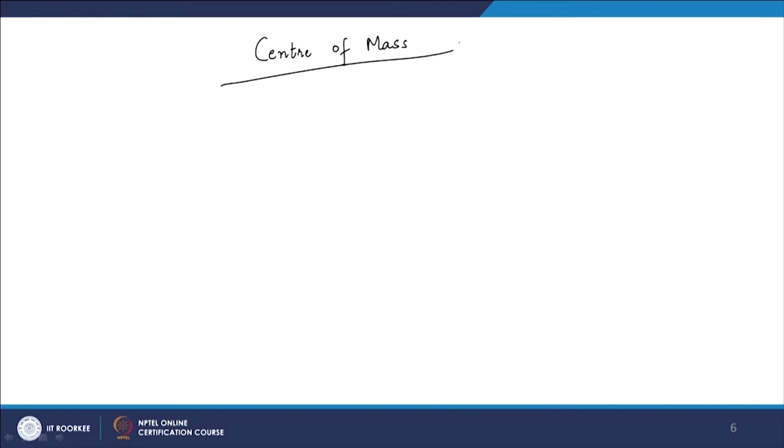If I am interested in the center of mass, then it is of course given by simply the integration of r over n, the whole contour, and divided by N, that gives me the center of mass.